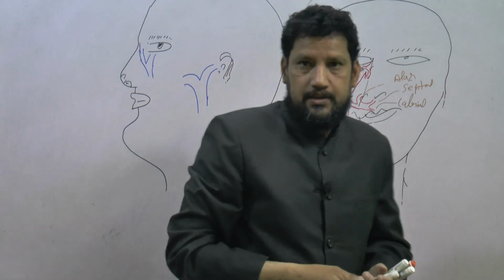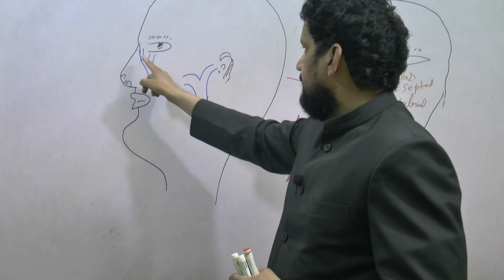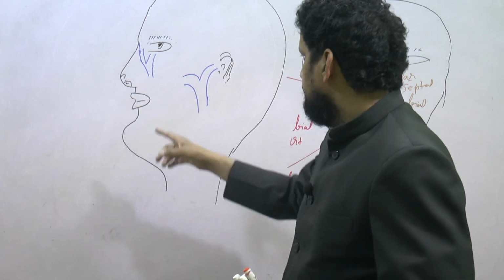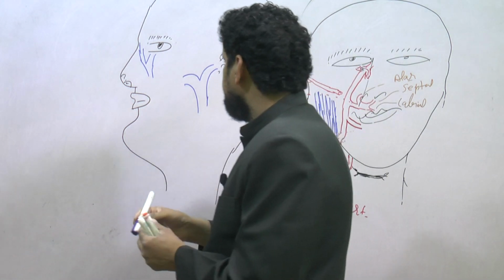The supratrochlear and supraorbital veins are uniting to form the angular vein. So this is the angular vein.